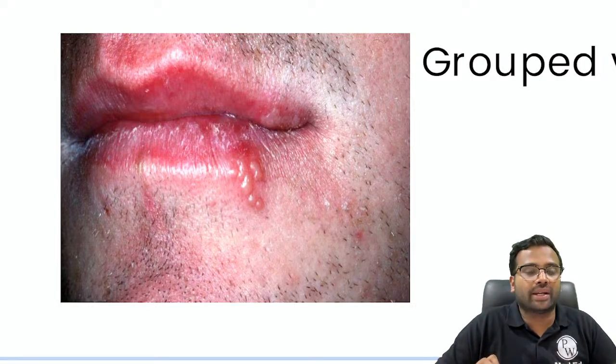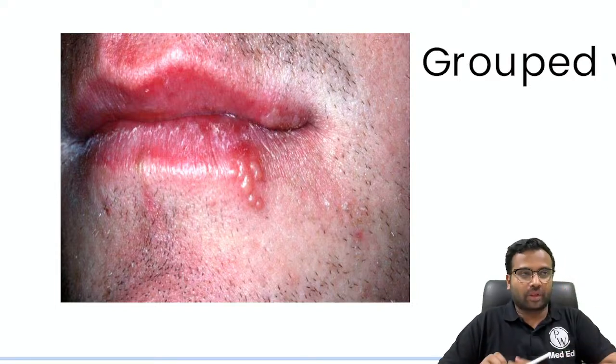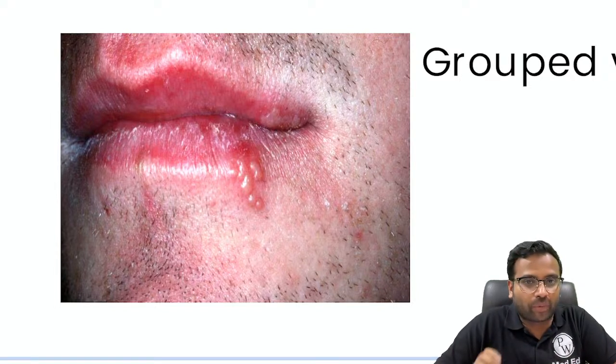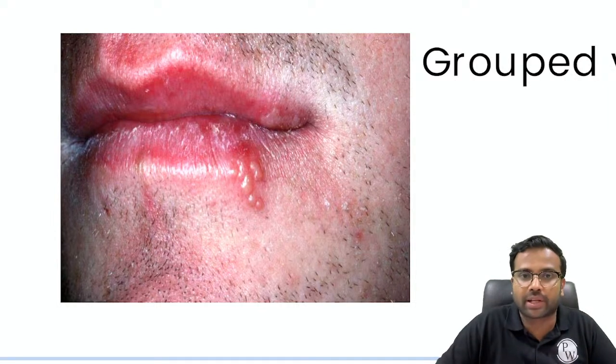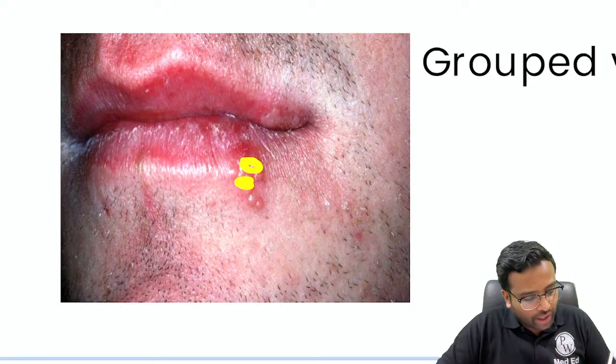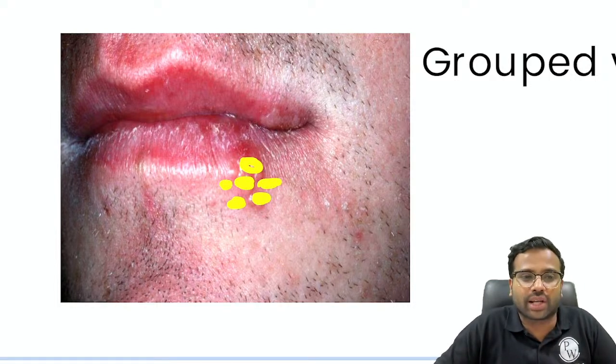Remember, on the day of the exam, don't make silly mistakes. If you find something around the lips, especially if it is a child, and if you can find some yellowish crusting, because it can be a close differential diagnosis.